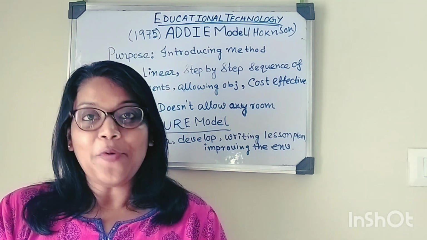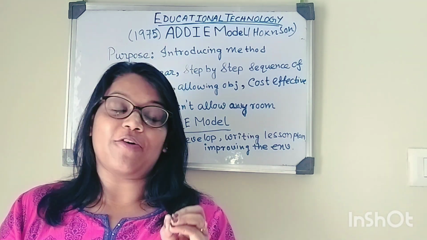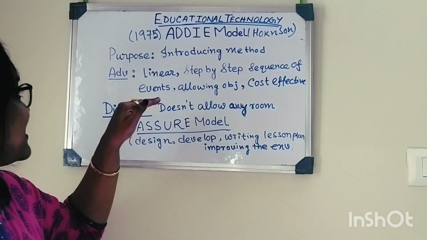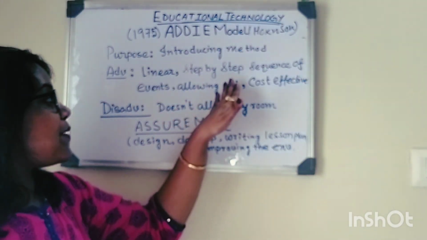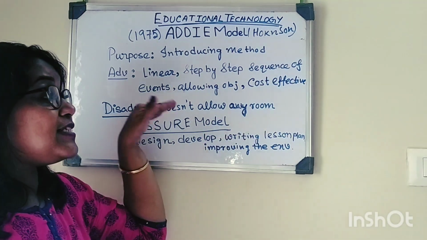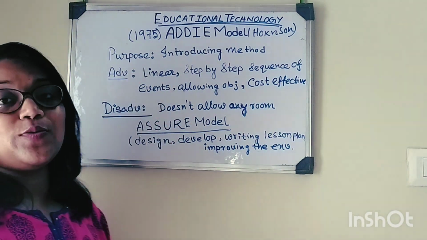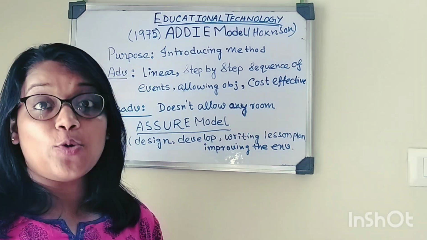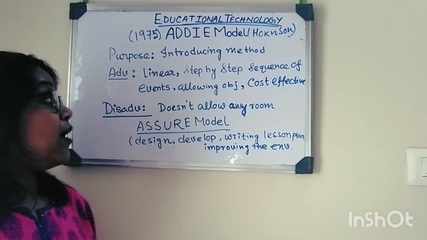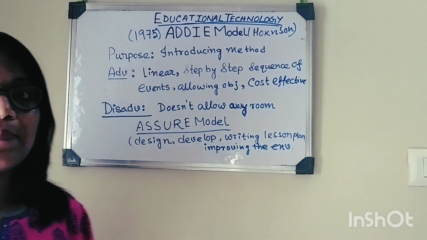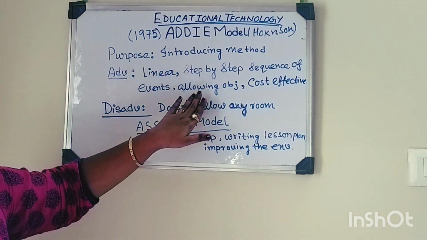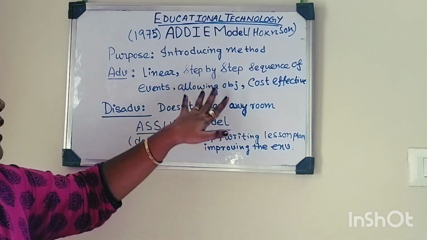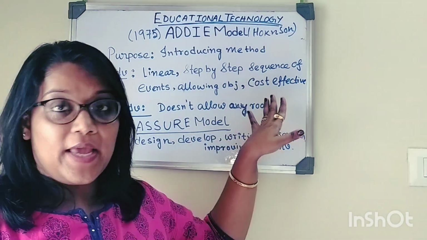So now going to some advantages of the ADDIE model. Here we can see the ADDIE model is linear in nature. It is a step by step sequence of events in teaching an individual lesson, because we have already said the ADDIE model is a sequential and step by step instructional model. And now going to the third advantage, that it helps to align objectives.